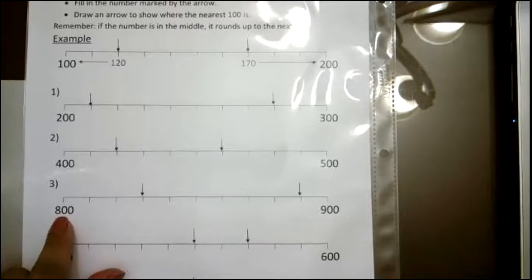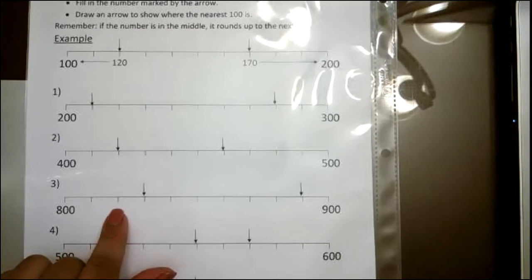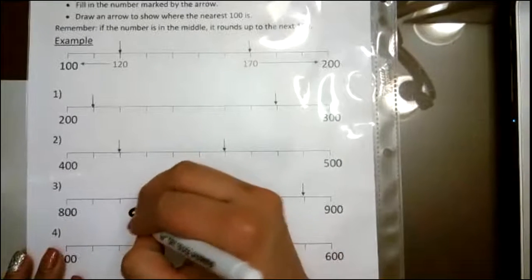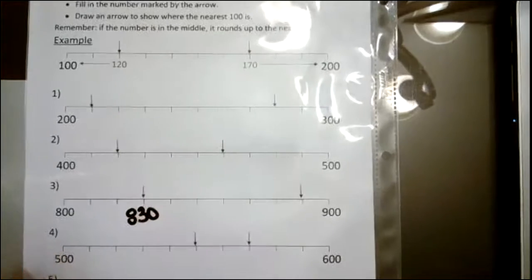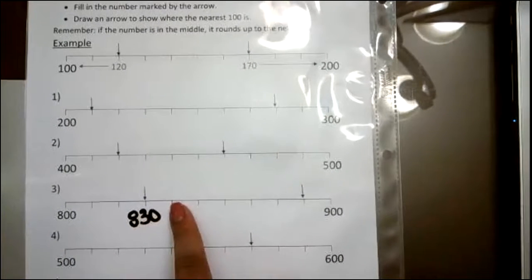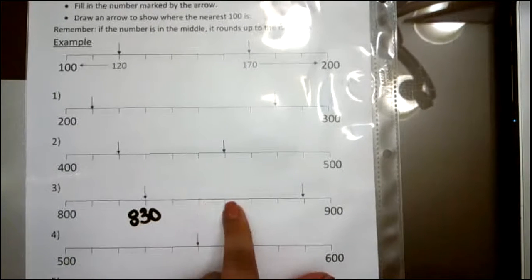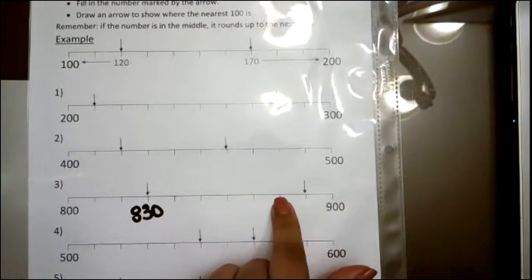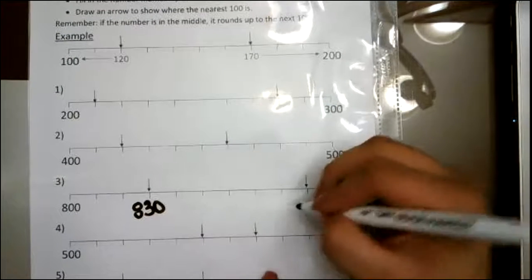So we have 800, 810, 820, 830, 840, 850, 860, 870, 880, 890.